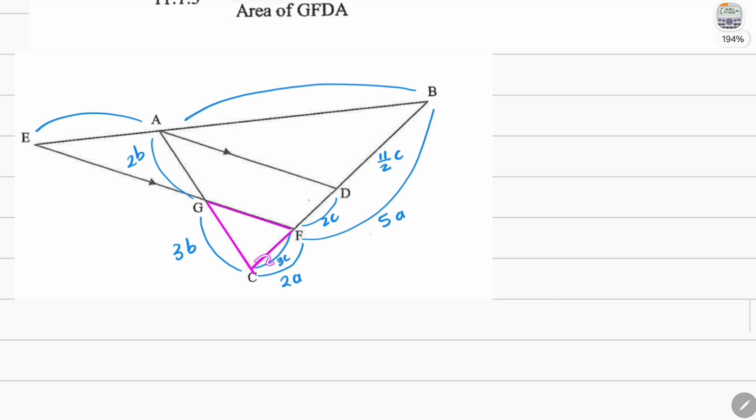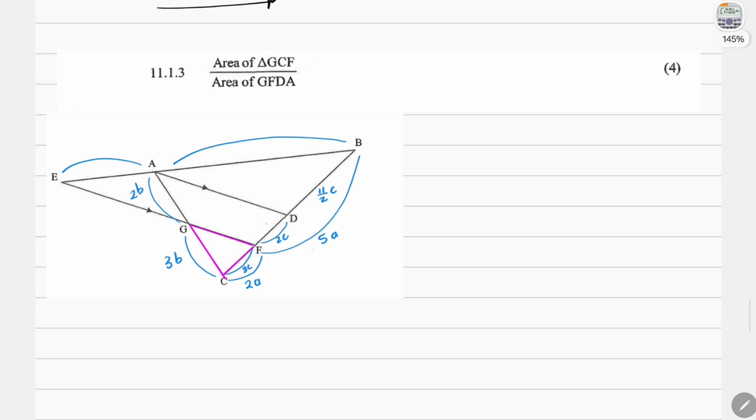Do you see that we have angle C here? Angle C is part of this triangle that we need to find the area of, and it's also a part of this bigger triangle, which we are going to use to find the area of that trapezium. That's the reason we're using that formula.